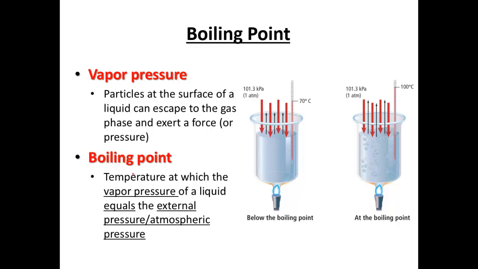At the boiling point, the temperature at which the vapor pressure of the liquid equals the external atmospheric pressure, that's what actually causes our liquid to boil, and we can see our boiling once it's raised to a temperature that's equal to or greater than the air pushing down. So the difference between boiling and evaporation: boiling happens at the boiling point, evaporation happens below the boiling point. And that goes through our phase changes, making sure that we know that phase diagram.